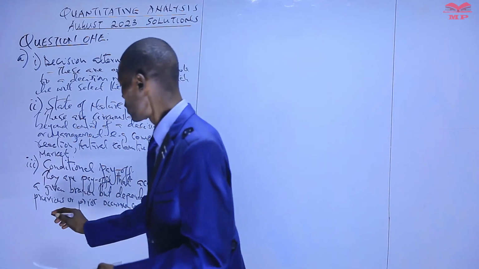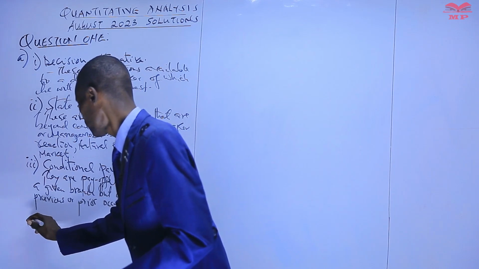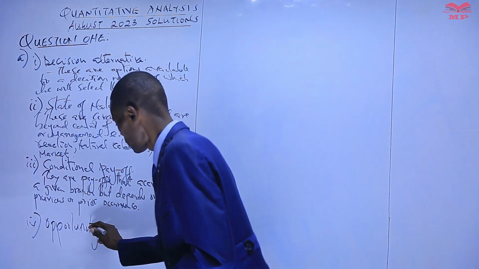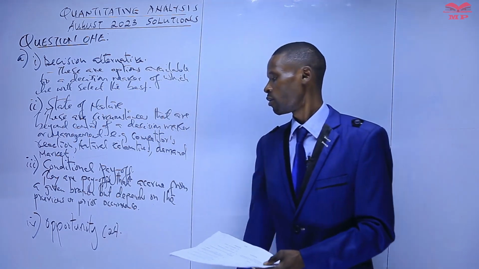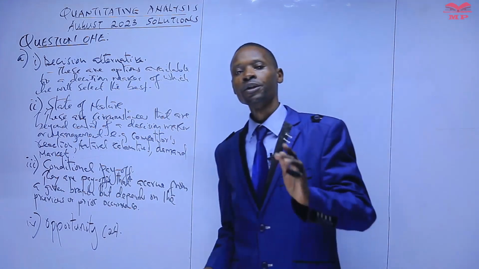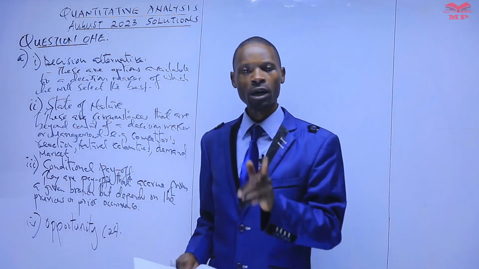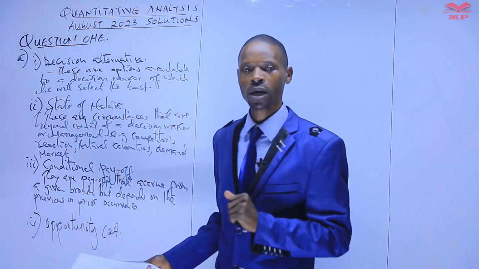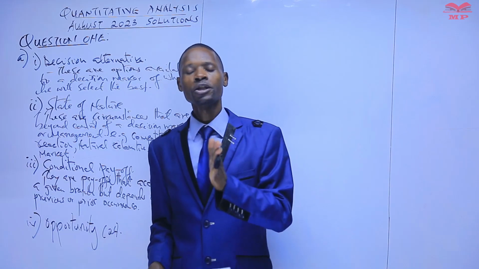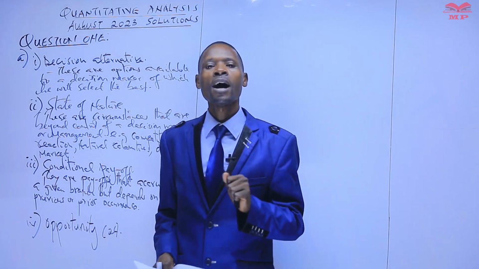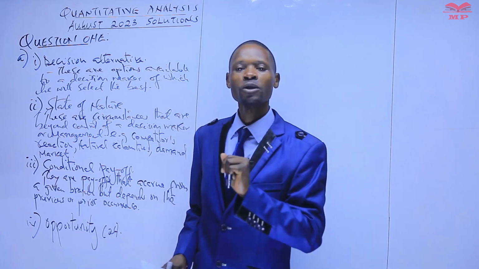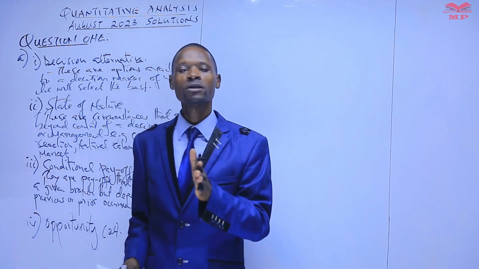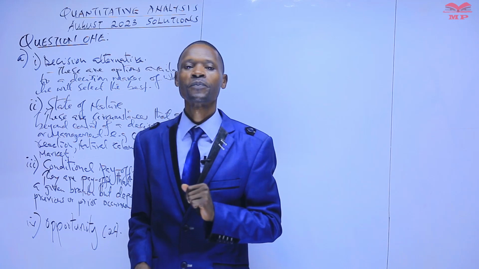Roman 4 is the opportunity cost. Opportunity cost, my good people, it means that they are the penalties that a given decision maker bears as a result of not choosing the best course of action.